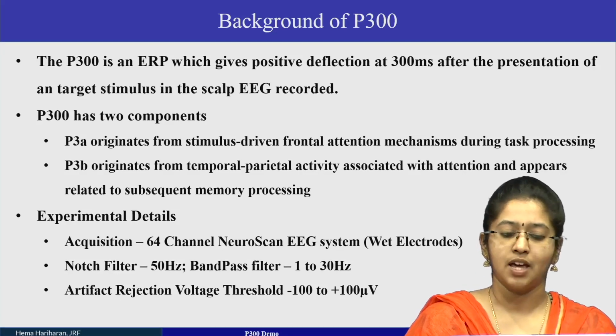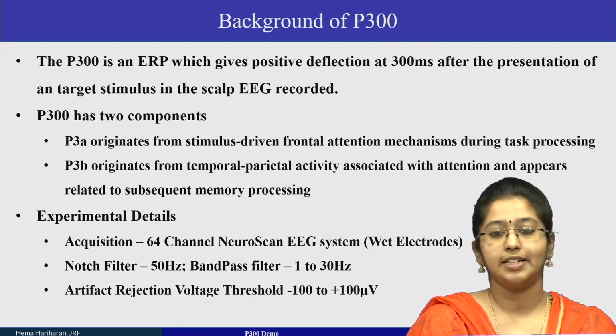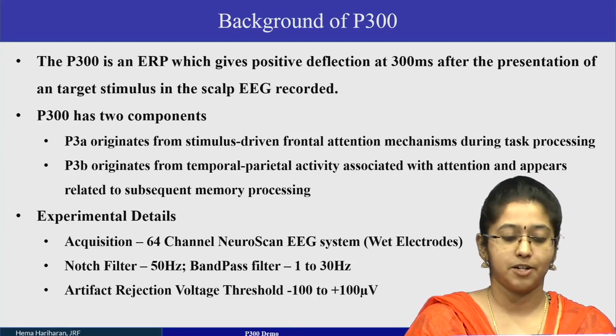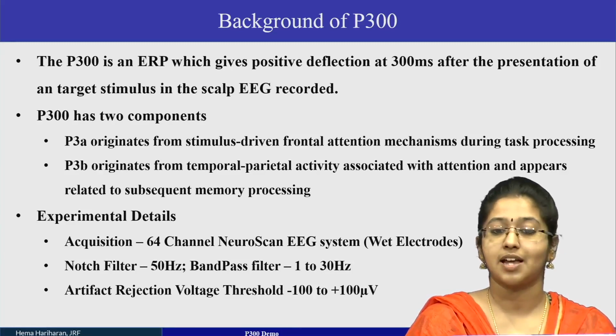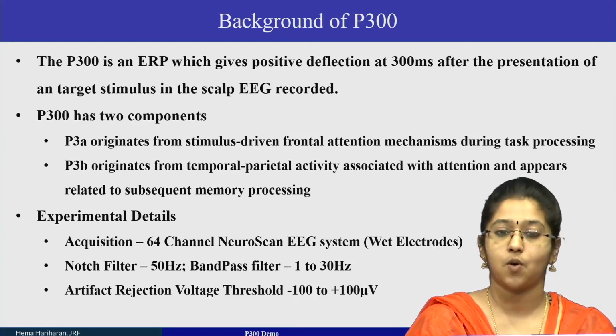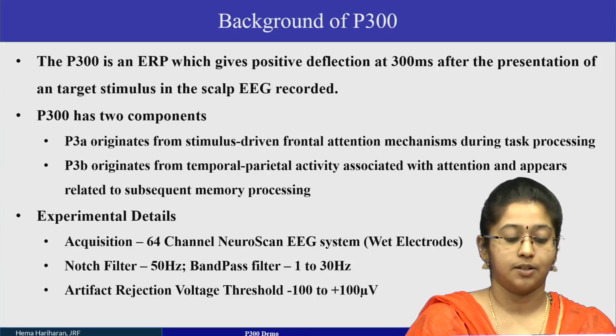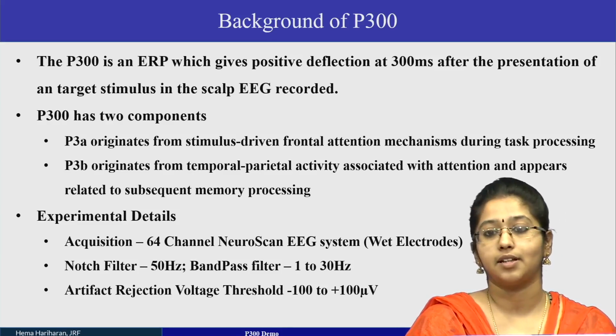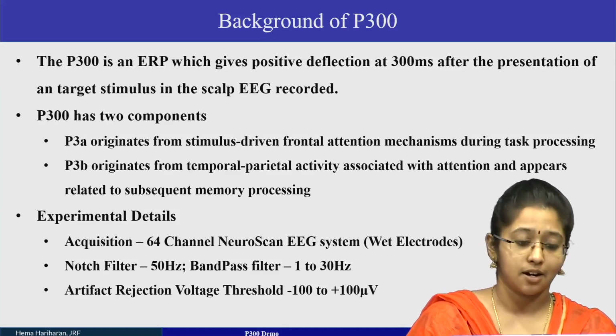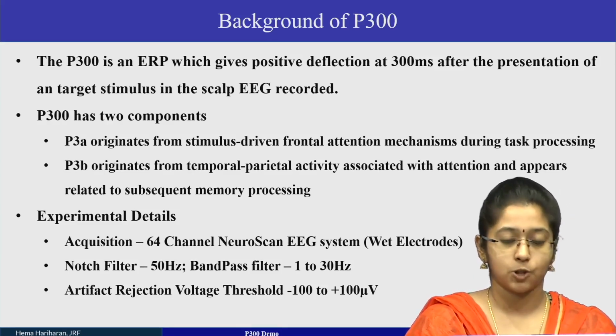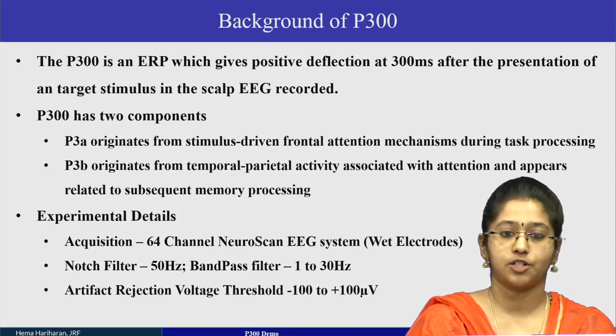About the experimental details, it is all the same: the Neuroscan EEG system with 64 electrode channels, and before acquiring the data we apply the band pass filter, the notch filter, and the artifact rejection.